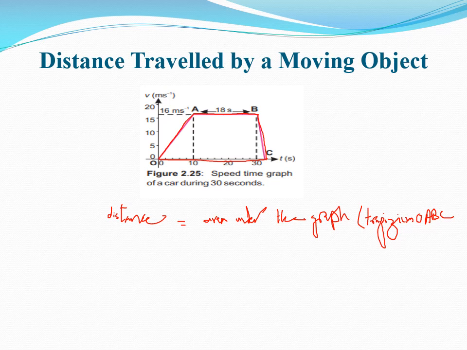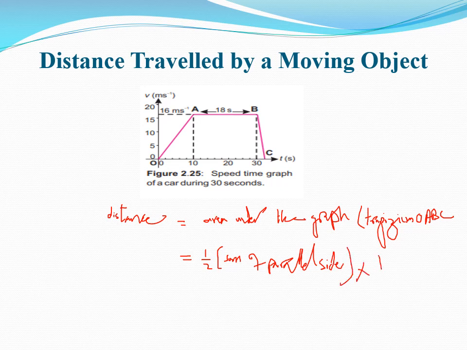So let's move on. The area of the trapezium equals 1 by 2 times the sum of parallel sides multiplied by the height. So this is the formula for the area of a trapezium.